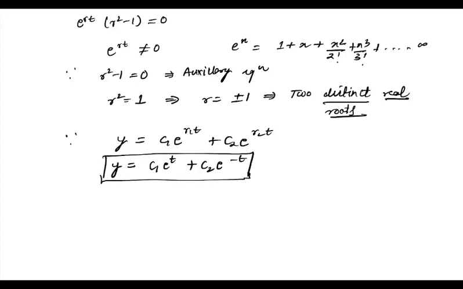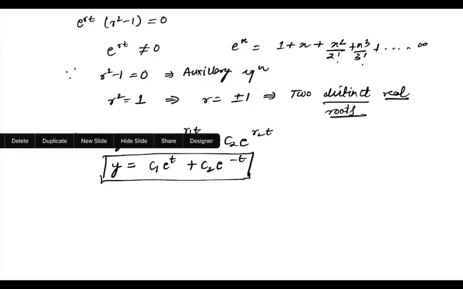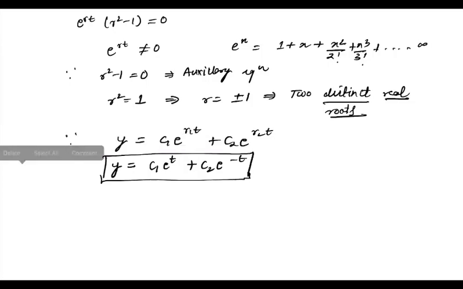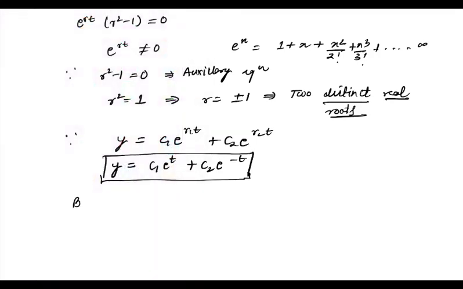But in the question they have also given boundary conditions: y of 0 is equal to 1 and y of infinity is equal to 0.